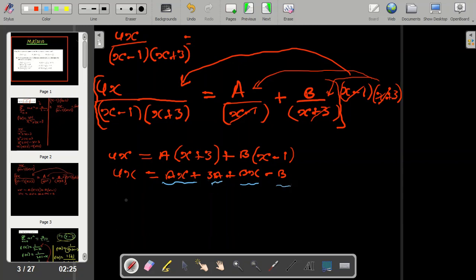So we can see that 4 will be equal to a plus b, because these are the values that have the x variable. So the 4 will be equal to that, and this will be our equation 1. Okay, so we proceed.